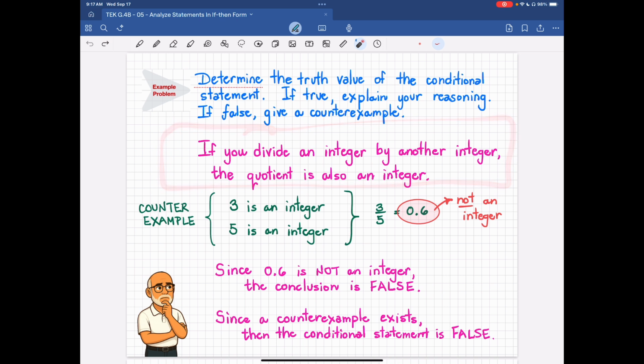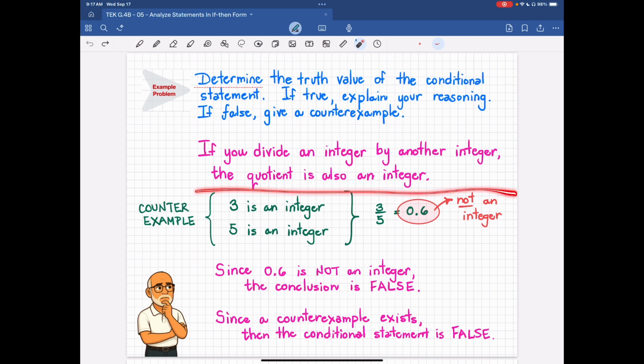The conclusion is false. So what happens is this. I'm going to come up with a counterexample that proves that this statement is false. So I'm going to get 3, and I'm going to divide 3 by 5. So I know if I take a calculator and I divide 3 by 5, or if I divide it longhand, I get 0.6. This is not an integer.